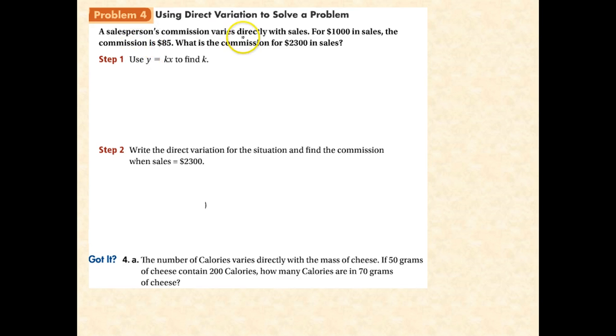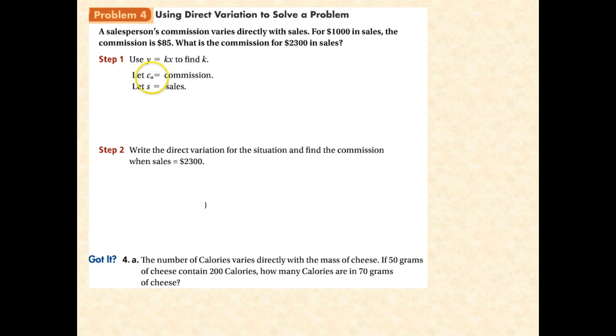A salesperson's commission varies directly with sales. For $1,000 in sales, the commission is $85. What's the commission for $2,300 in sales? Well, we're going to use y equals kx. Let's let C equal the commission, S equals sales.